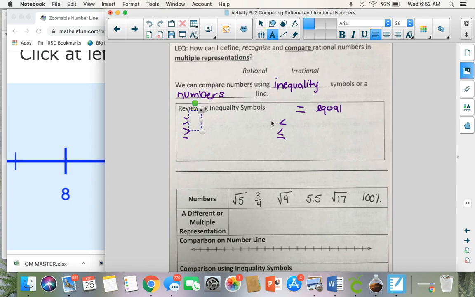All right, great. So now we're going to push play. So this symbol right here is a greater than symbol. This next symbol, that little line underneath of it, is part of an equal sign. They just brought it right over. So this would be greater than or equal to.